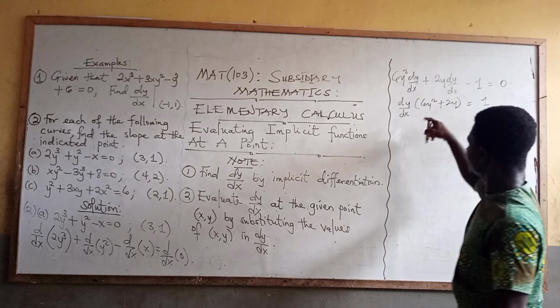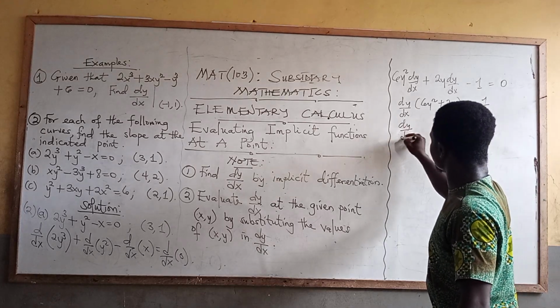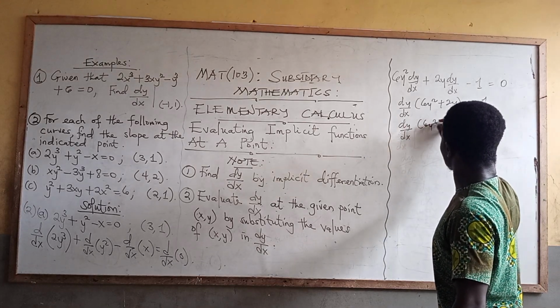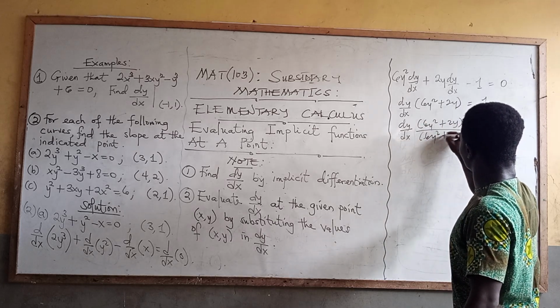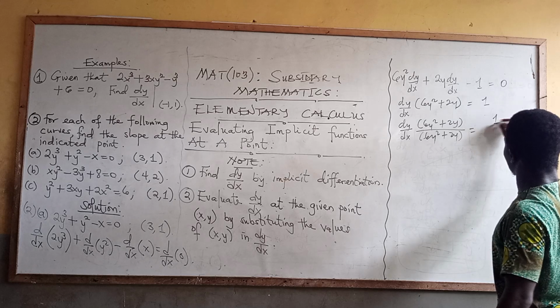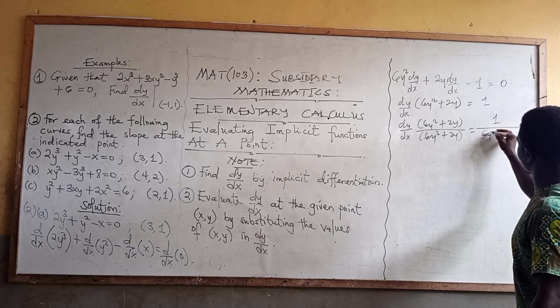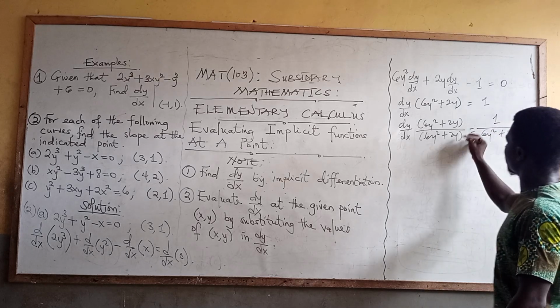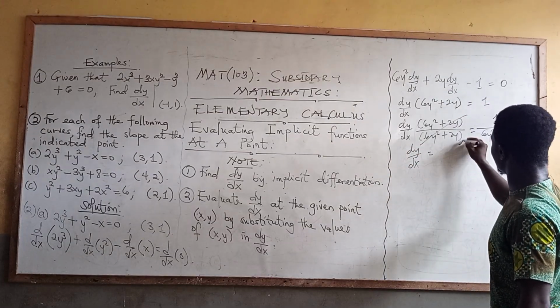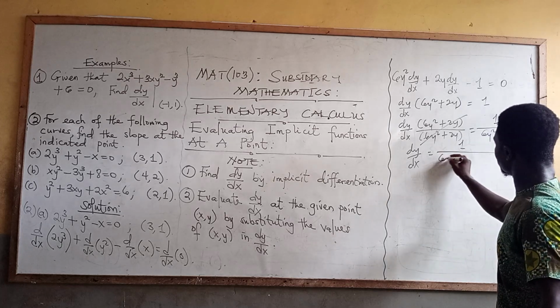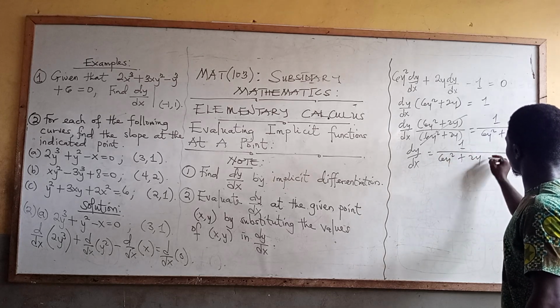Then we divide both sides by 6y squared plus 2y, so dy/dx equals 1 over 6y squared plus 2y.